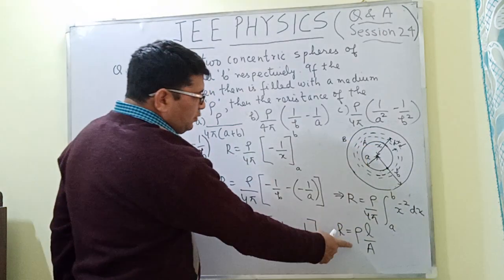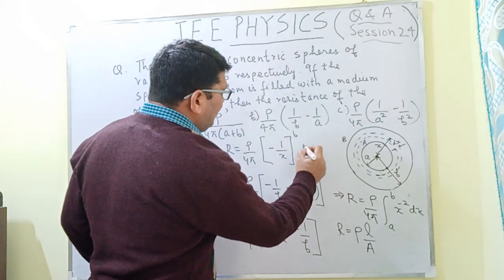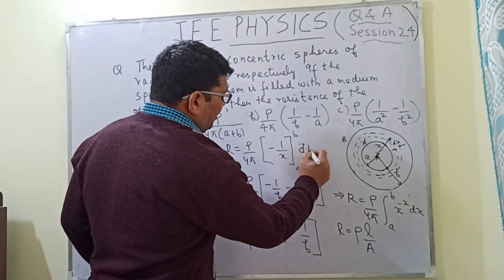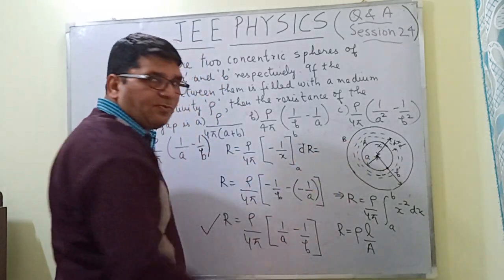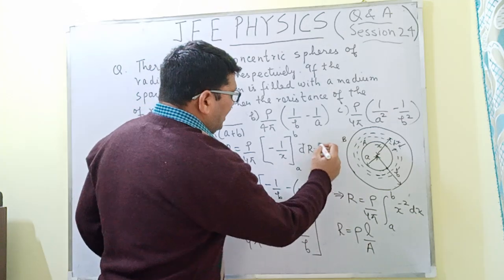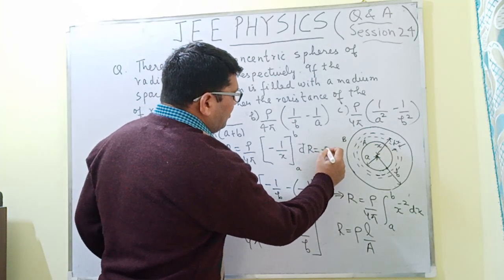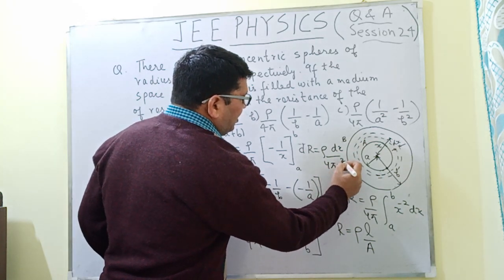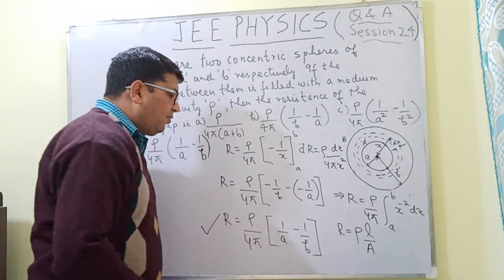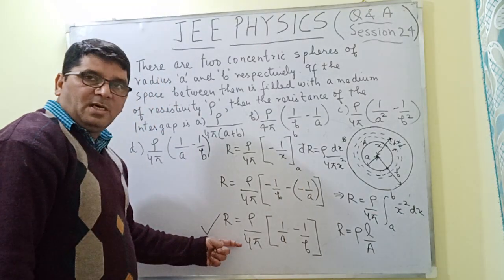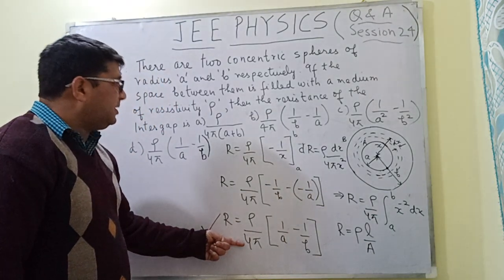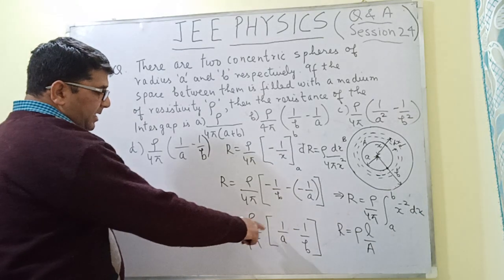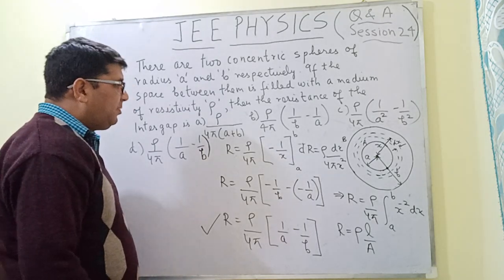Using this formula we were able to find the resistance due to this differential concentric sphere, given by dR = rho dx upon 4 pi x square. By integrating this equation we were able to get the resistance of this intergap, which is equal to rho divided by 4 pi in bracket 1 divided by a minus 1 divided by b.